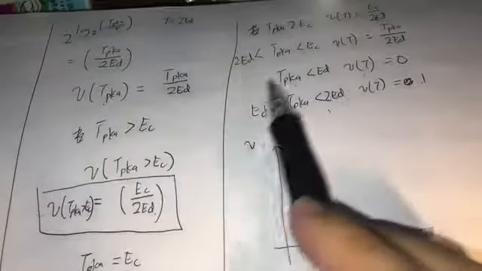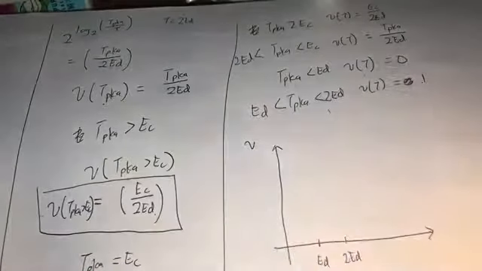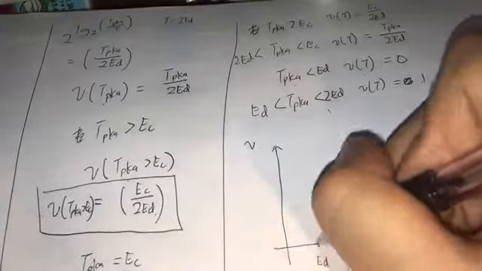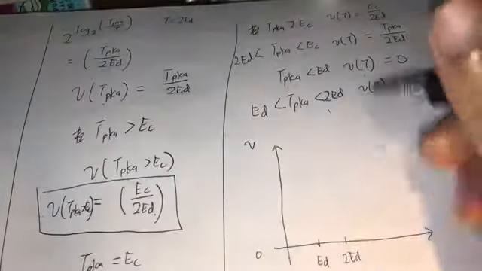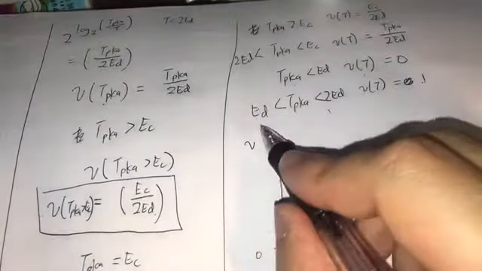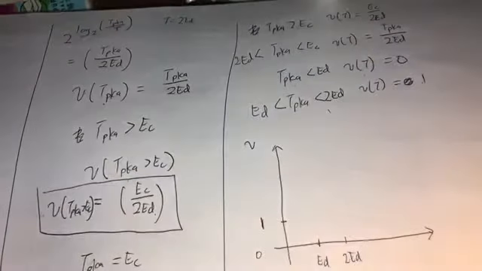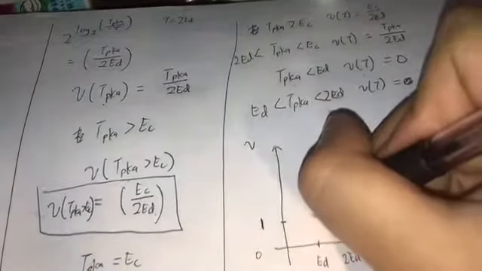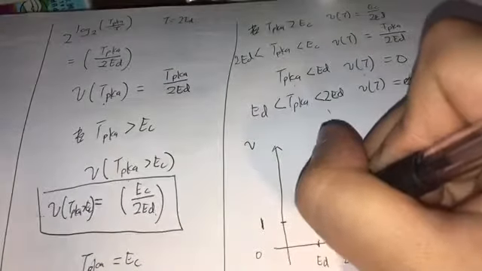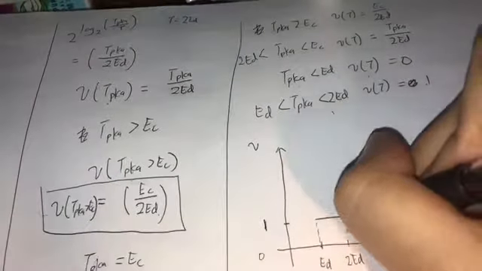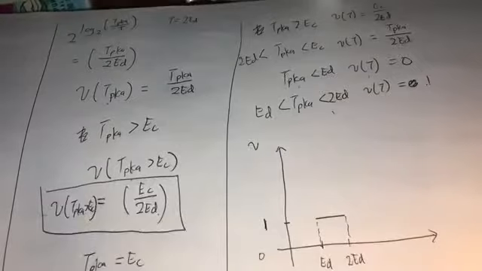Remember at Tpka less than ED, there are no vacancies being produced, so this is 0. Between 2ED and ED, that's one displacement happening. So these are the important points we must note.